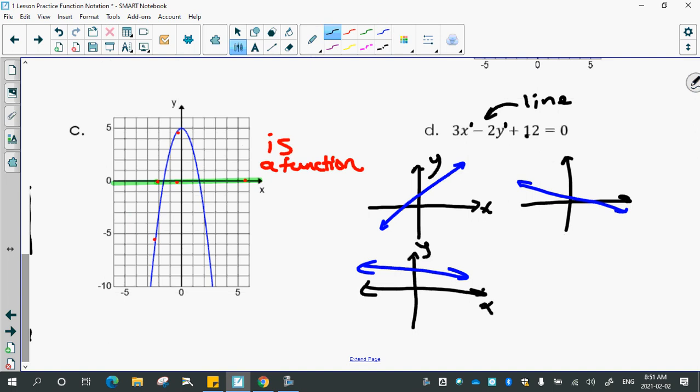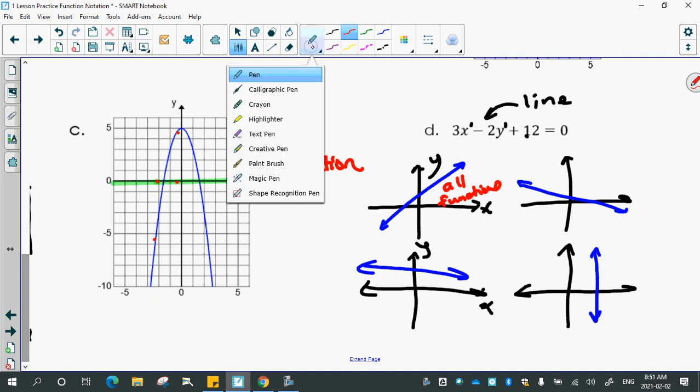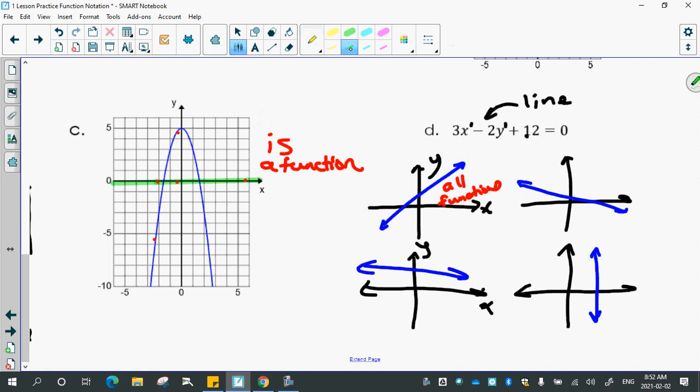And there's a vertical line. Positive sloping lines, are they all functions? So for every x value, there's only one y value. Everyone agree there? My x values are all along the x-axis. Okay. How about negative sloping lines? Are they all functions? Yep.